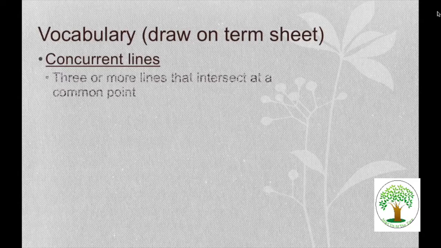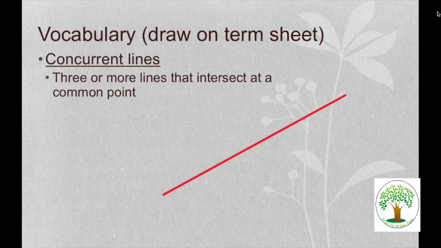Concurrent lines are three or more lines that intersect at a common point. If we draw that, I have one line here, another line here. How can two lines be concurrent?